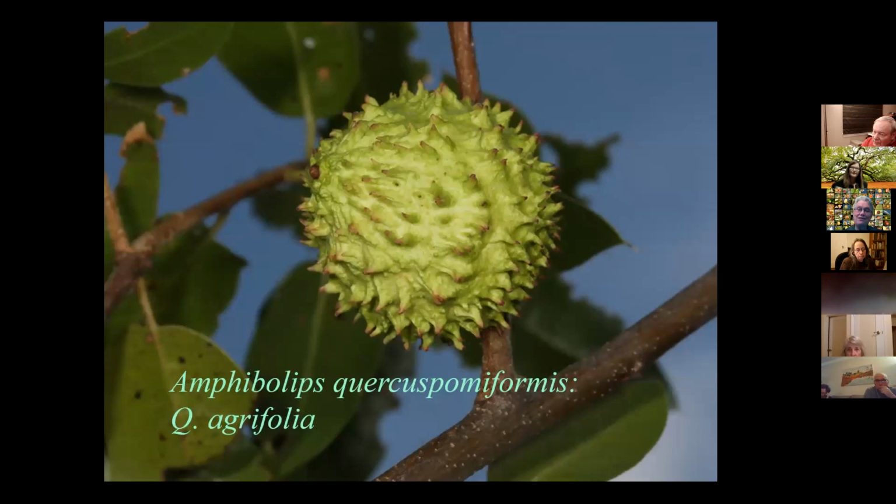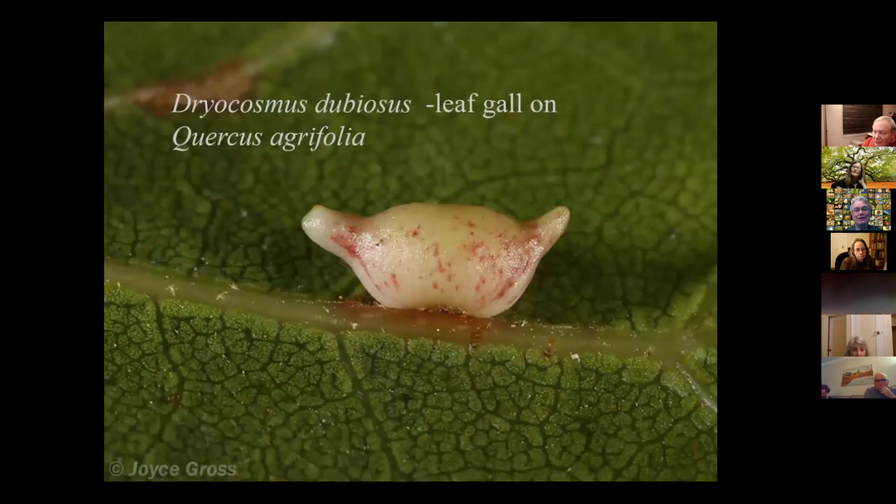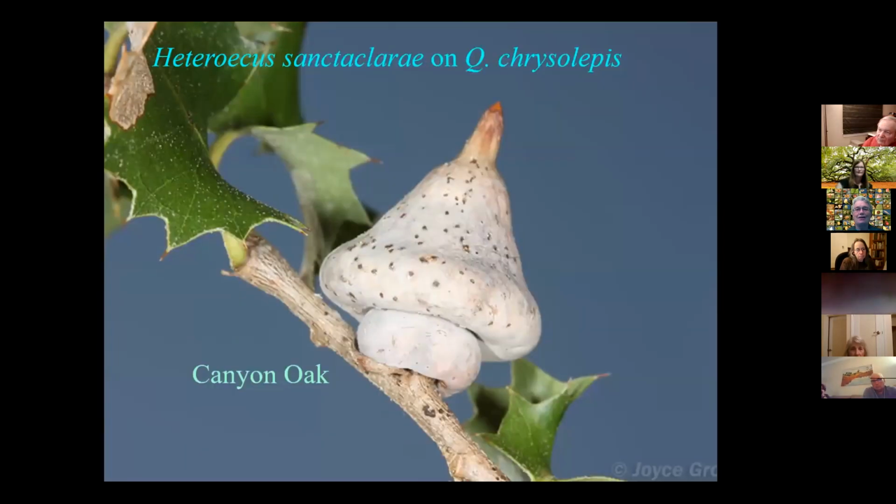All right, this is another one also on the same species, coast live oak. And here's another on coast live oak. This used to be called bicornus because of its shape. It's a leaf gall.